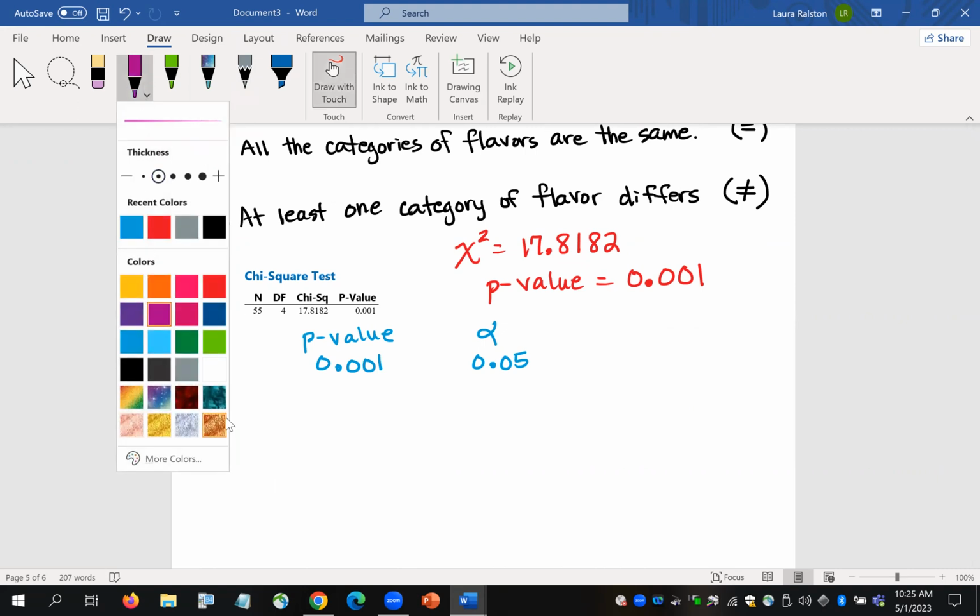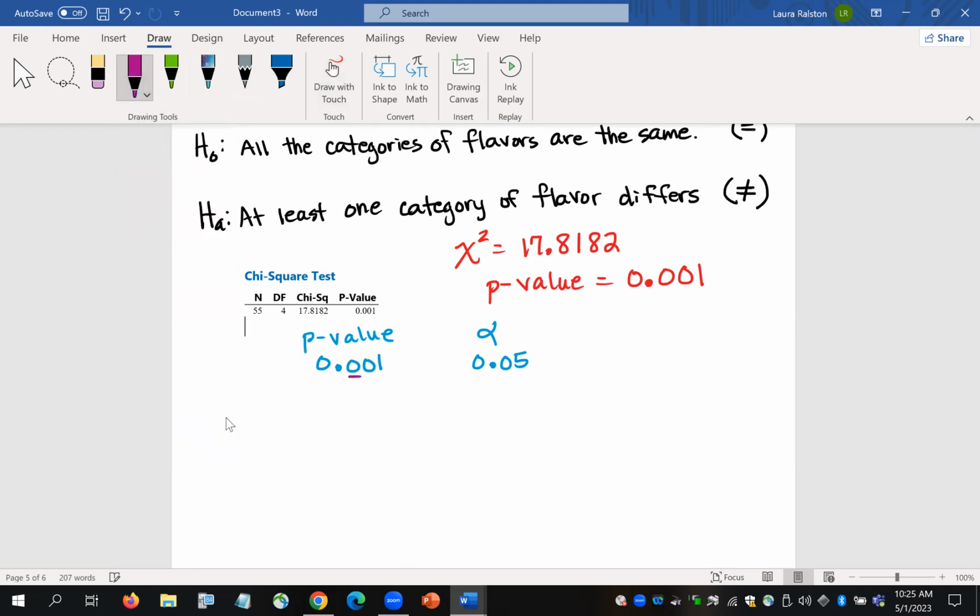So making this comparison, the first digit after the decimal in both cases is a 0. Second one, 0 compared to 5. 0 is less than 5. So P is less than or equal to alpha. So we reject the null.